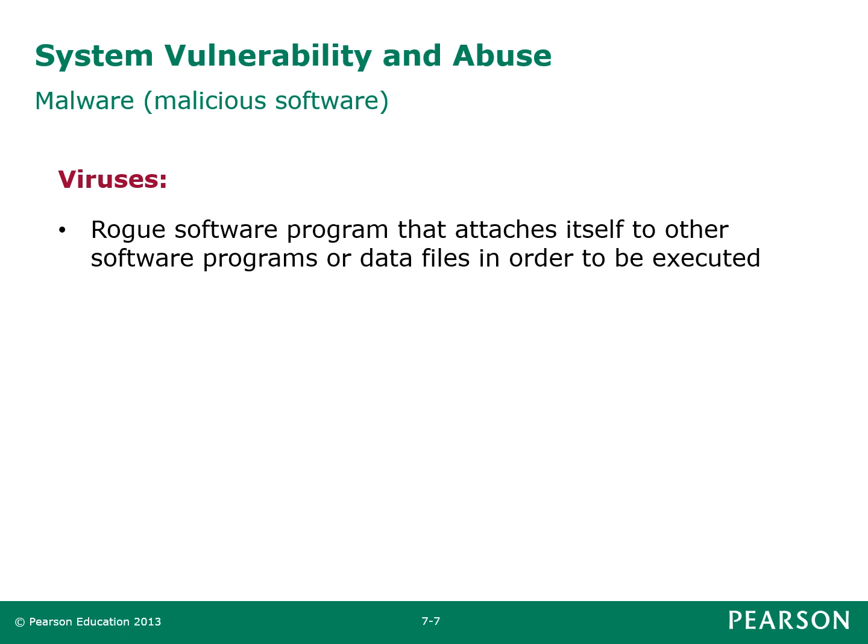Now to the types of malware. A virus is a program that attaches itself to legitimate software or data files. The virus spreads itself when the software is run, and also, a very important point, the virus may carry a payload.